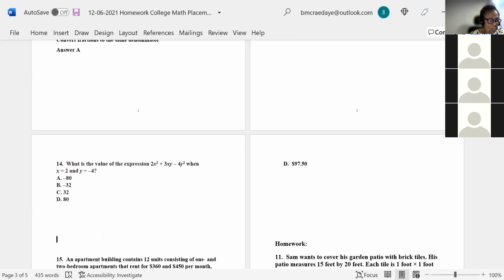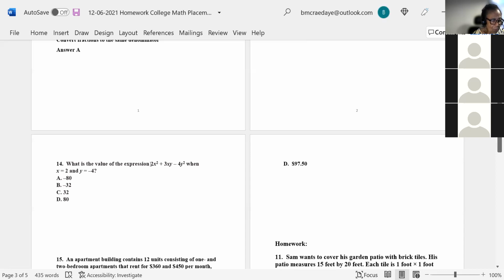Now, this is not an equation. This is an expression. I want you to tell me the value of that expression when x equals 2. So write down x equals 2 and y equals minus 4.